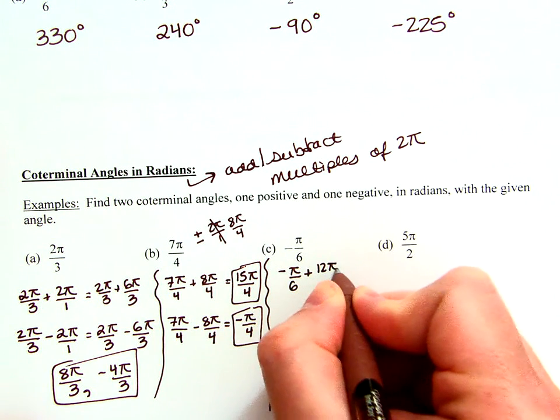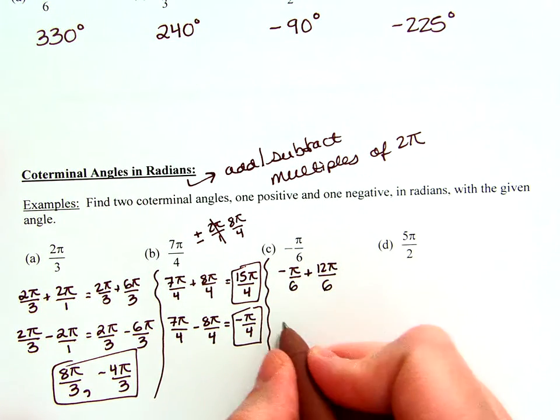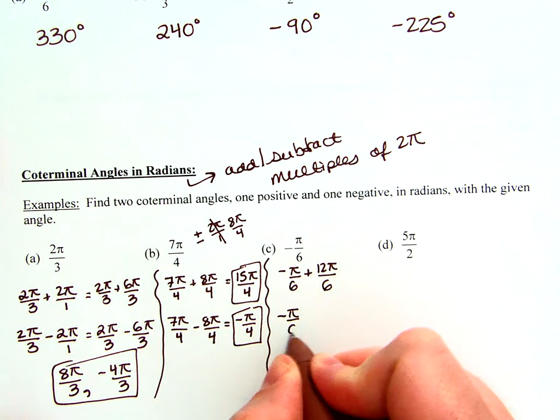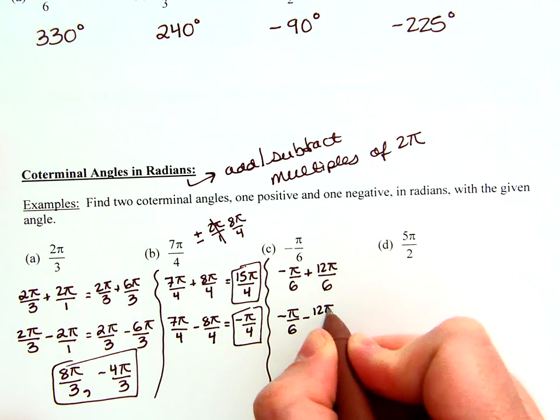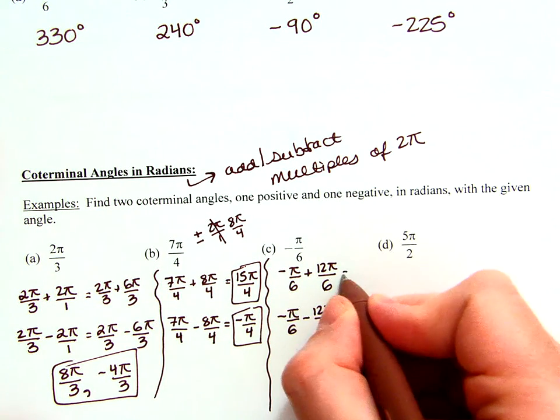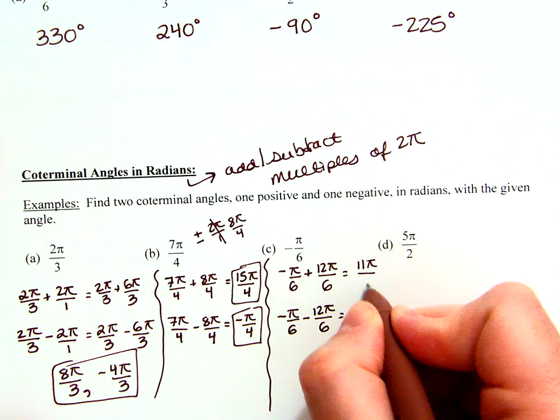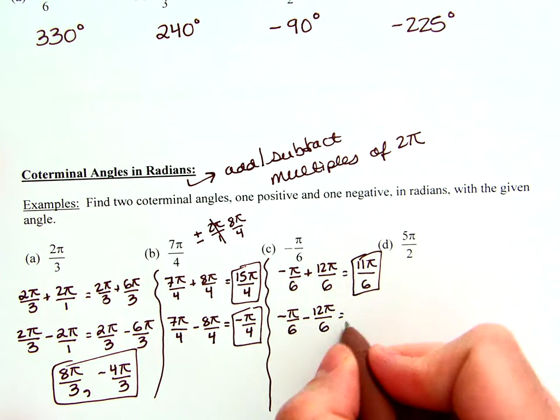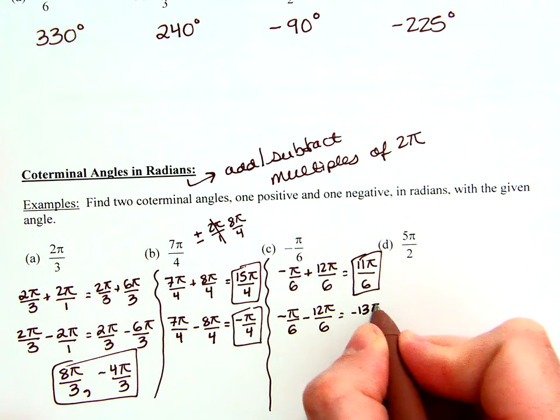Hopefully you realize we're going to add or subtract 12 pi over 6 from this. So I'm getting 11 pi over 6. There's that favorite angle again. And negative 13 pi over 6.